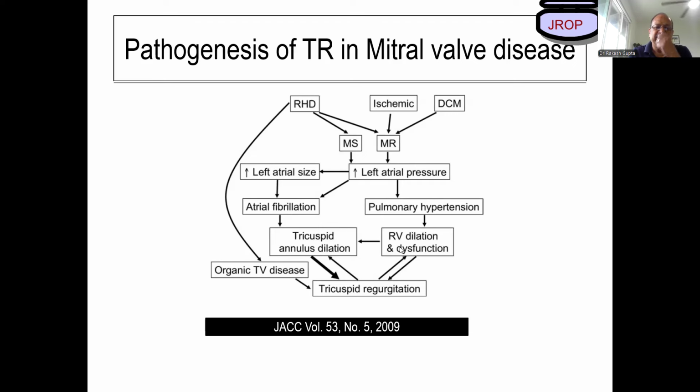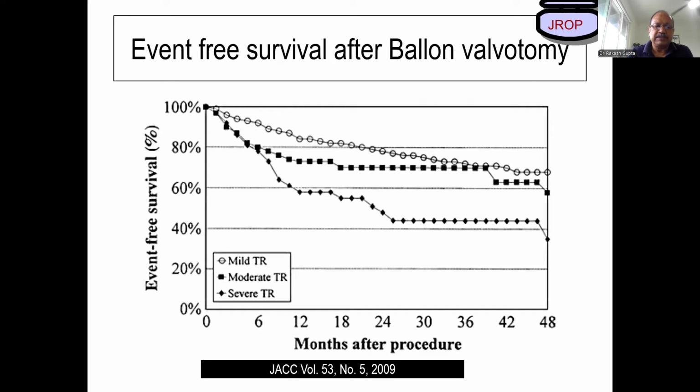On the contrary, when RV/RA get dilated, annular dilatation happens, and when annular dilatation happens, it leads to secondary tricuspid regurgitation. On the contrary, RHD per se involving the tricuspid valve can give rise to tricuspid regurgitation. So in case of rheumatic heart disease, it could be a primary lesion of the tricuspid valve or it could be secondary to left-sided illness.